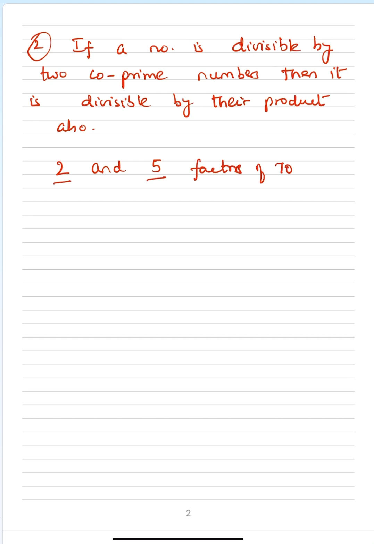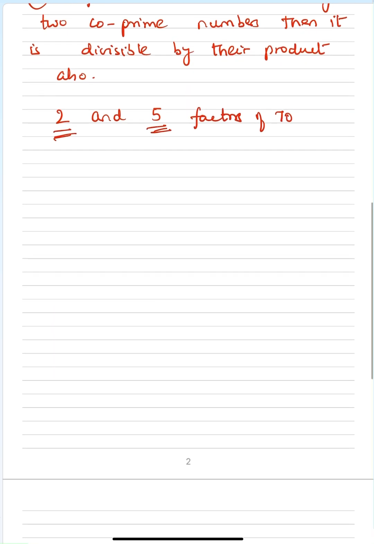We know the definition of co-primes, as we have done in an earlier lecture: they are pairs of numbers that do not share any common divisor except 1. If these two numbers are factors of 70, then the product of these, 2 into 5, is 10. Then we will say that 70 is also divisible by 10. That is what the statement is telling us.